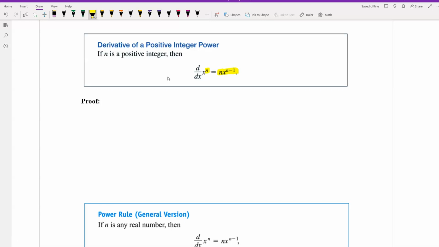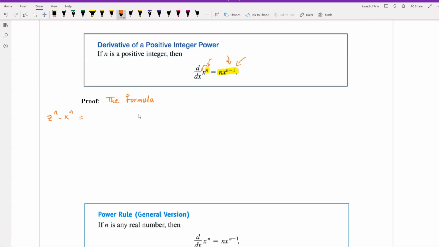Whatever we have here as the power, in this case n, when we try to find the derivative, we move this power to the left side and use that as the coefficient, and then for the power we have to subtract 1 from what was given here. So instead of having n, here we have n minus 1.